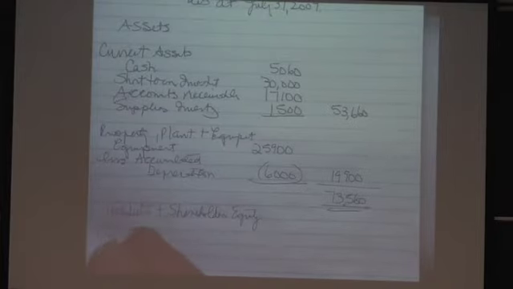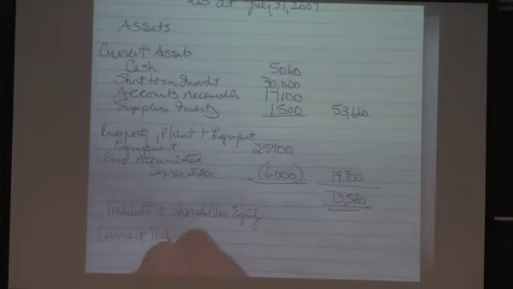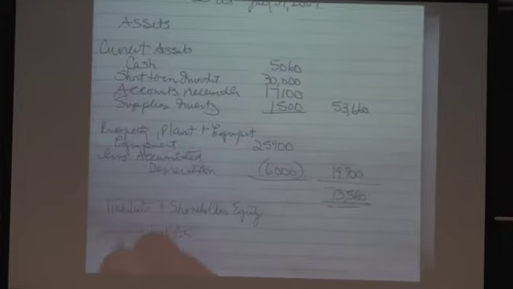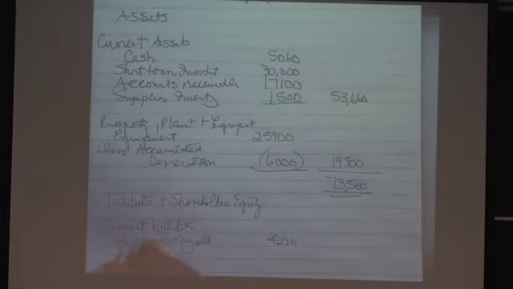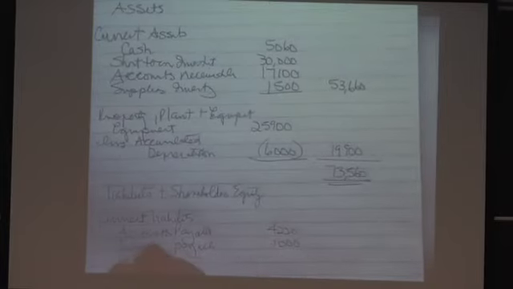So current liabilities, accounts payable is the first one. So which one is due first? I guess is the other way of putting it. Interest payable, and notes payable.